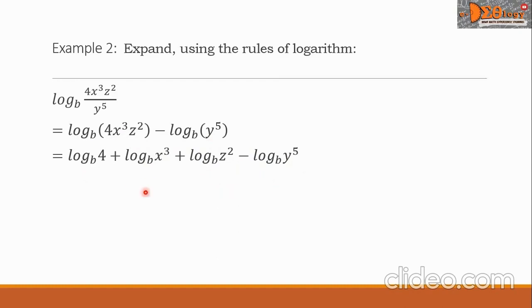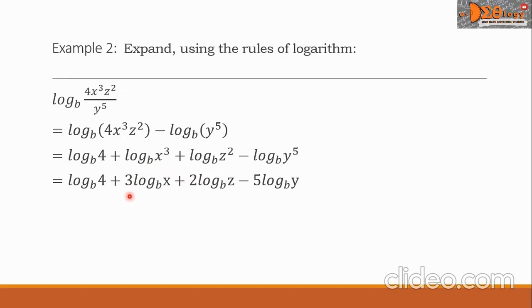We can observe that there are exponents in each of the variables for the log here, here, and here. And we can still simplify that by making this exponent a factor of the log. So this is equal to the log of 4 to base b remains the same. Now for this log of x cubed, the exponent 3 we will put down here.